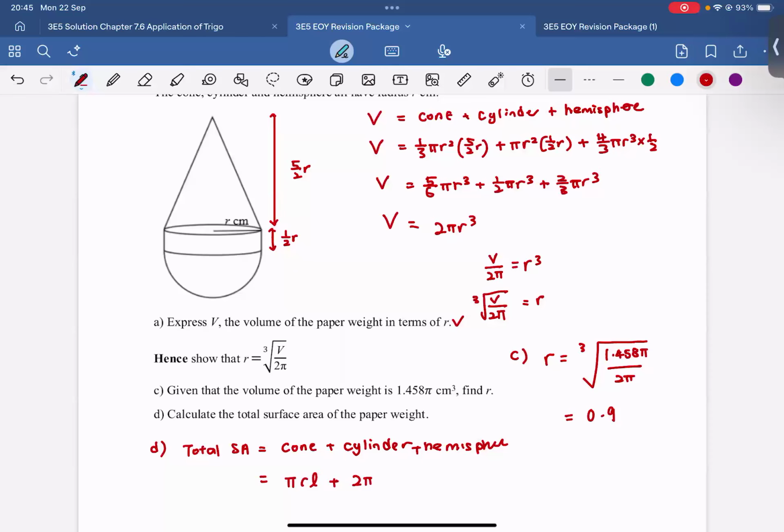The circumference, which is 2 pi r, times h. And what is the surface area of the hemisphere? This is 4 pi r square, which is for one ball, so we times half. So from here, you can see that we need to find L. How to find L? We apply Pythagoras theorem.